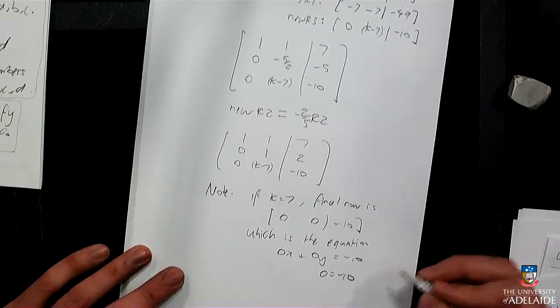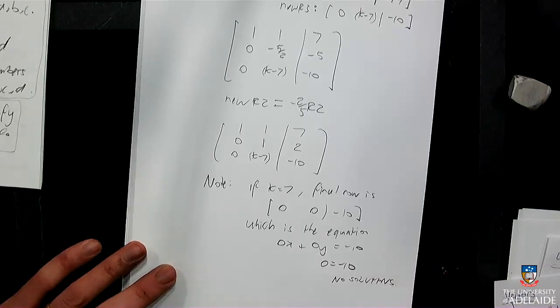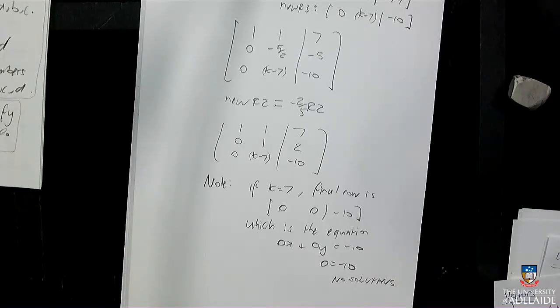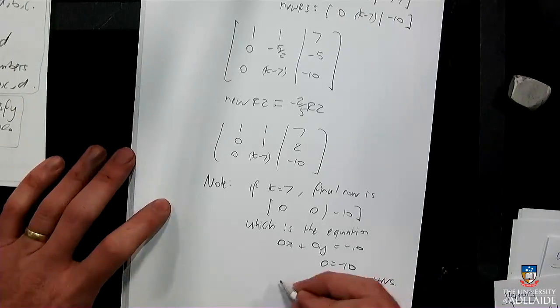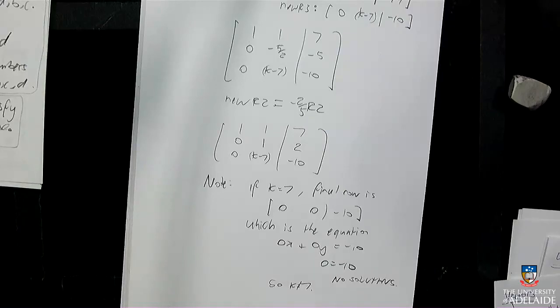There's no solutions. Okay, so k definitely can't be 7, if they're going to meet. So if k is 7, there is no point that's in all 3 planes, or all 3 lines.